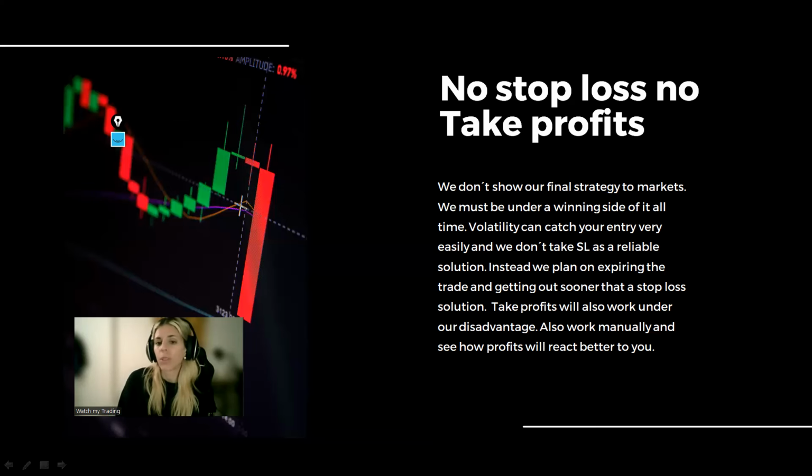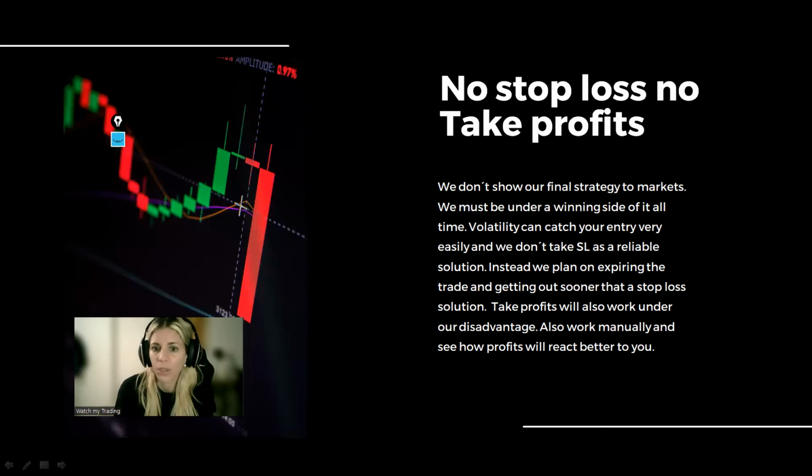Instead, what we do is expire the trade and get out sooner than the stop loss solution. We know how to do it. We know that if the trade stays too long in the market, over 5 minutes, we might be on the wrong side of the market. So I'm just going to get out of the trade even before it hits the stop loss at 5 pips or 10 pips.